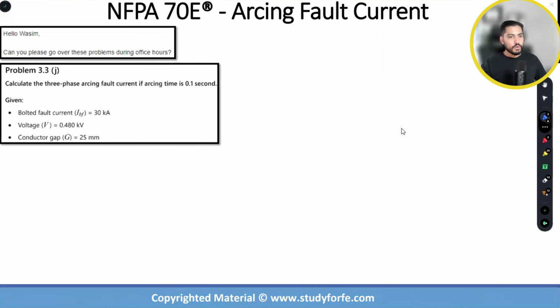Okay, so over here, question 3.3J from the study guide, second edition, is saying to calculate the three-phase arcing fault current if the arcing time is 0.1 second. Now in the actual problem statement, I have not presented these details like the given voltage: fault current is equal to 30 kA, voltage is equal to 0.480 kV, and conductor gap is equal to 25 millimeters.